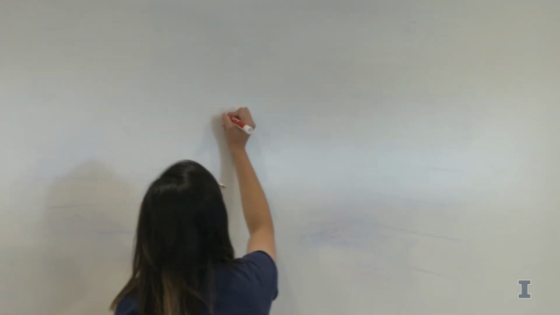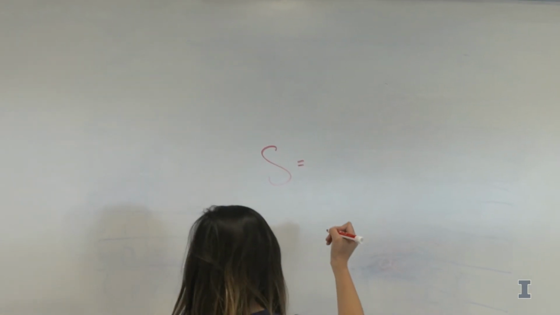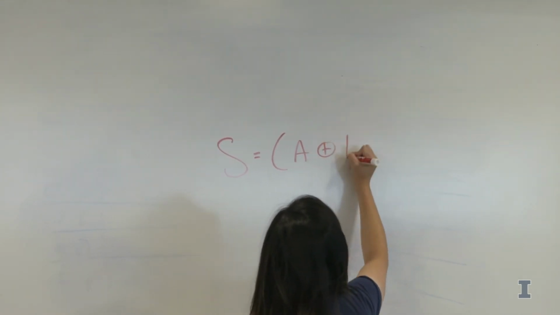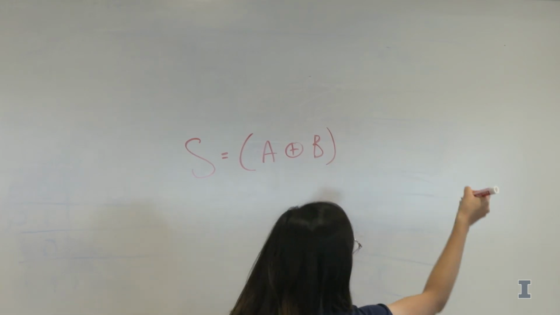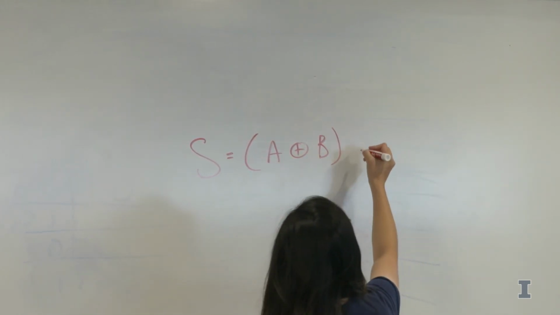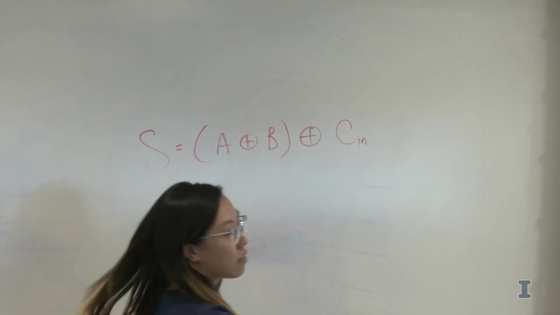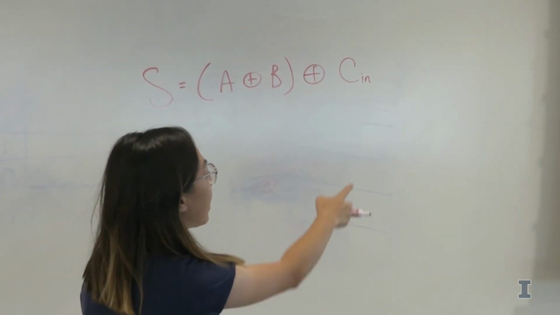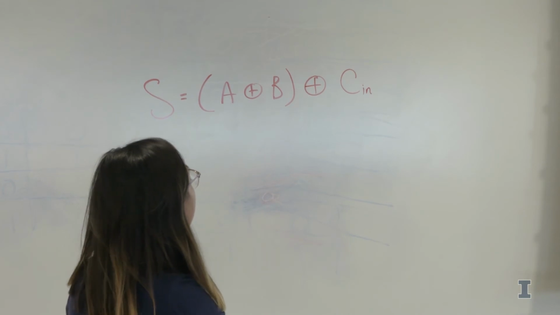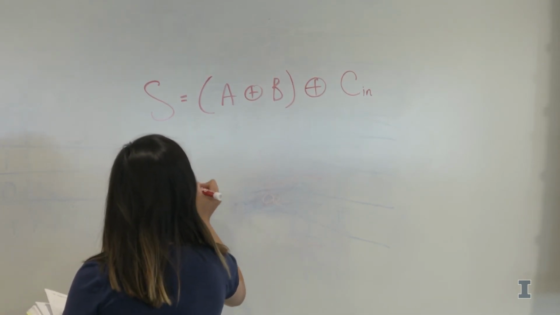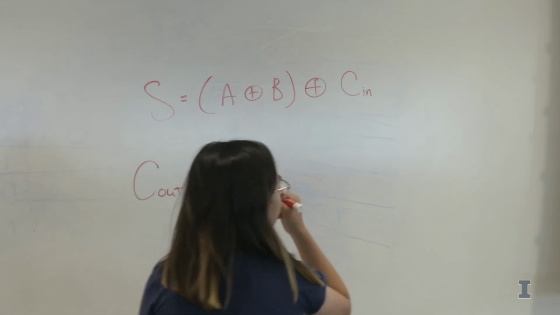So for our sum, that's going to be equal to A exclusive OR B, that first gate over there. And then that's going to be exclusive ORed with Cin, right? Following the 2 gates up top, which lead to S. And then Cout, a little more complicated.